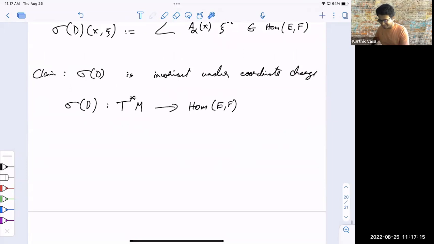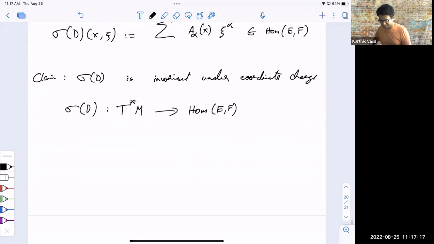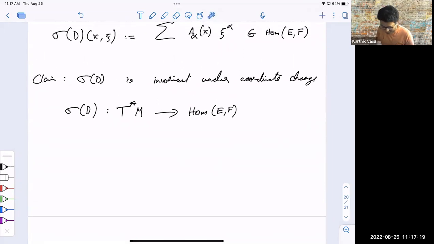Why we do symbols is that we want to think of differential operators as integral operators.